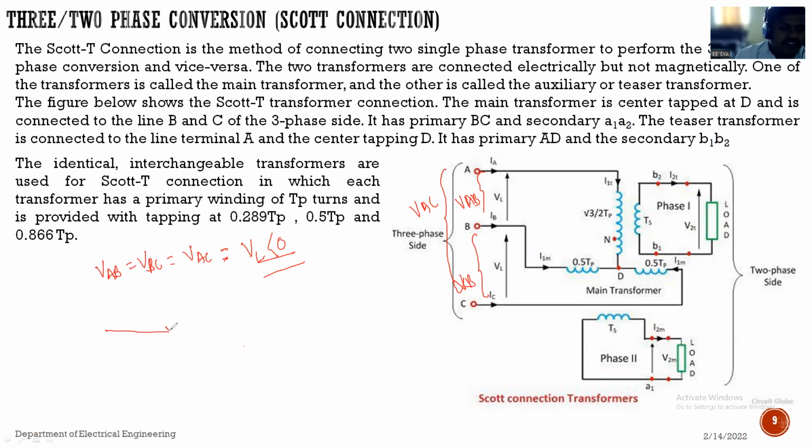Suppose this is the reference phasor, that is VBC, from B to C. Since it is balanced, there is no unbalancing, so what is the angle between each and every voltage? How many degrees apart are balanced phasors?